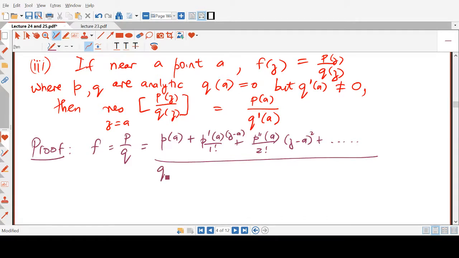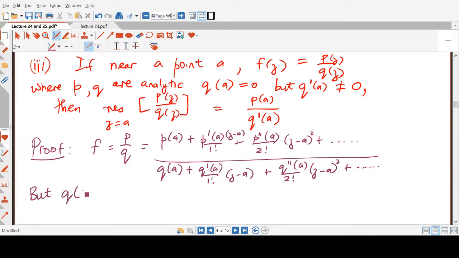Likewise, at the bottom you'll have q of a plus q dash of a over 1 factorial, z minus a, plus q double dash of a over 2 factorial, z minus a squared, and so on. Then you'll say, but q of a is 0.